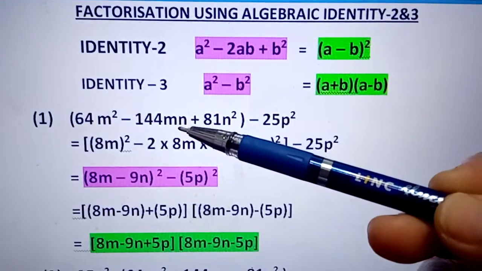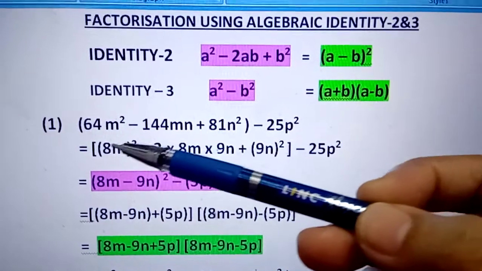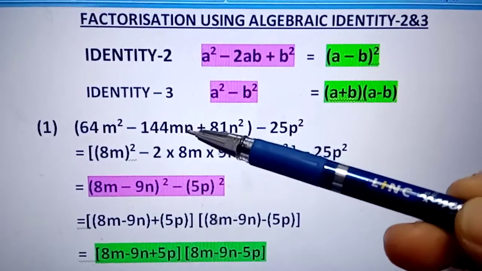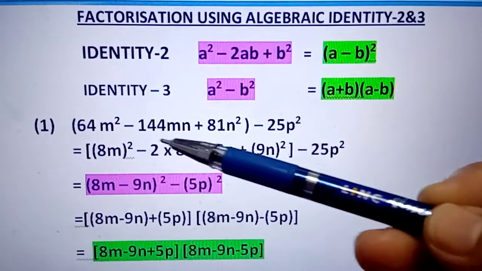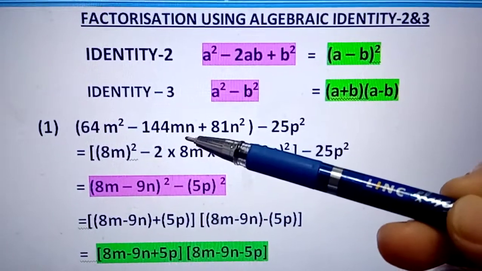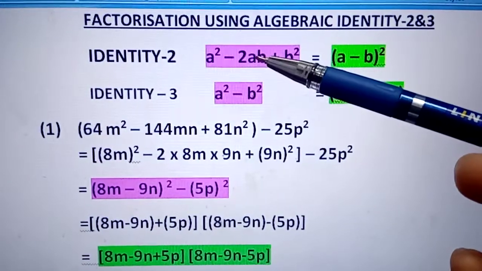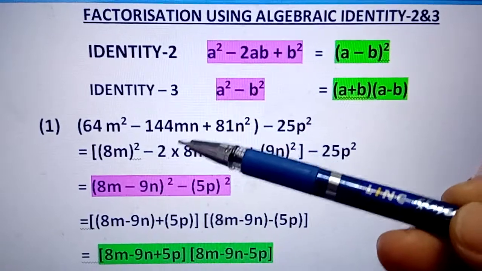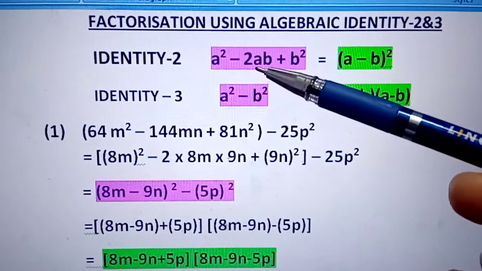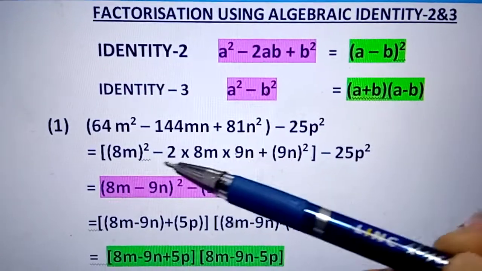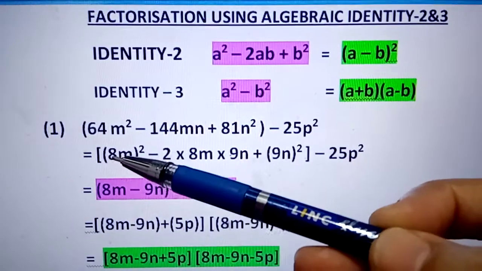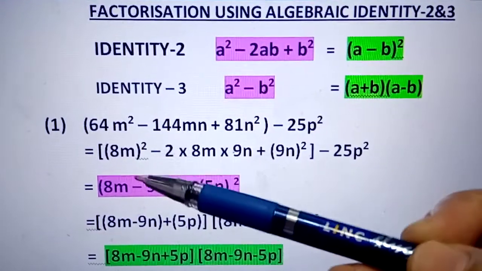The first part of the question has three terms. If you look at all the terms very carefully and compare it with identity 2, you will find that it can be converted into a square minus 2ab plus b square. See how. 64 is square of 8, so it can be written as (8m) whole square.